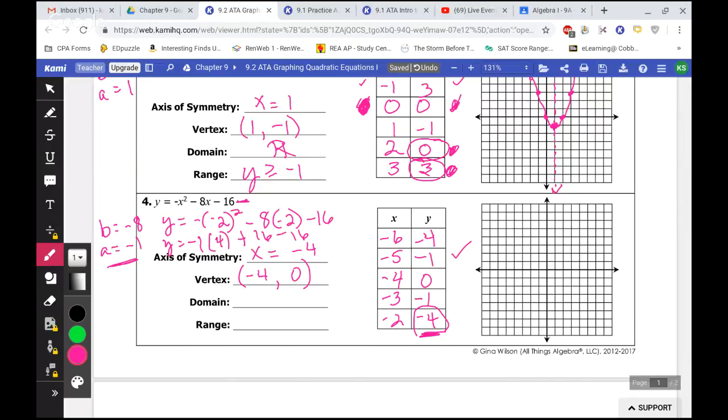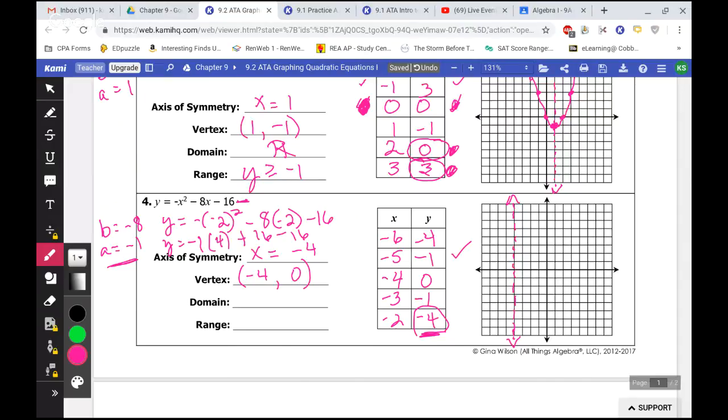So now let's graph that axis of symmetry. That's going to be negative 4. This is the dotted imaginary line that splits the parabola down the middle, creating the symmetry that we keep referring to. There's our axis of symmetry.